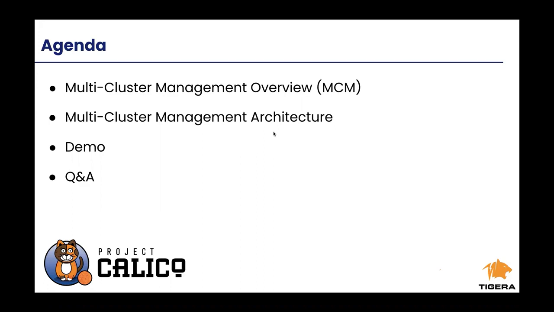So we'll install Calico Enterprise and we will add it to the single pane of glass, the multi-cluster management web UI, and we'll look around. And then we'll have time at the end for any questions that might come up. But as I mentioned earlier, feel free to drop any questions that you have as we go through this into the Zoom chat.